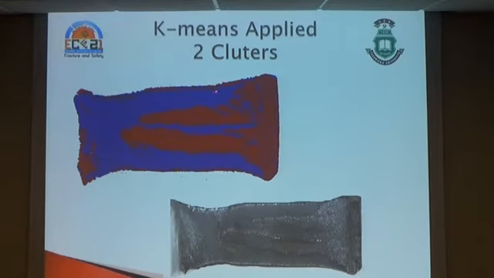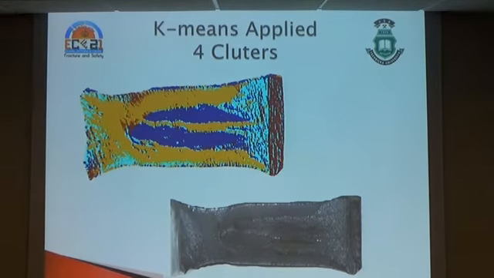Here is a K-means cluster set applied, where I chose 2 clusters. Generally we can say that it roughly identifies the ductile and brittle fracture areas well. Still there are some inaccuracies. And here is an example of 4 clusters. It looks better.